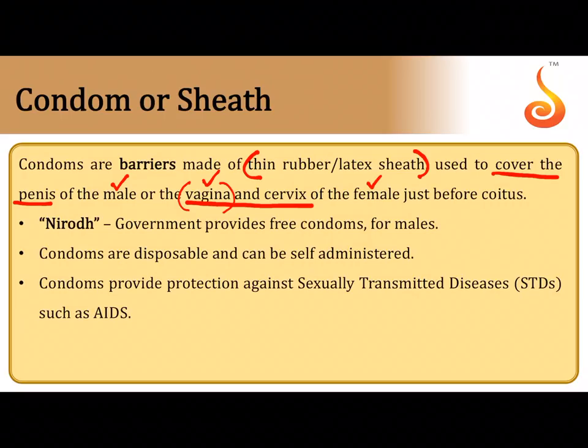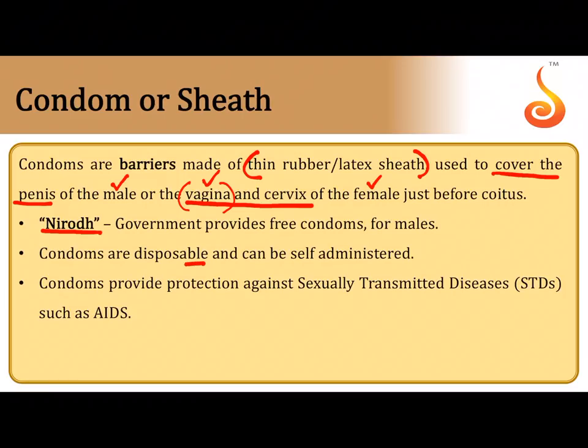In an attempt to bring about a reproductively healthy society, to combat the stigma associated with the reproductive or sex related aspects, the government had undertaken a program where it distributed free condoms for males, and the name of the condom distributed was the Nirodh.